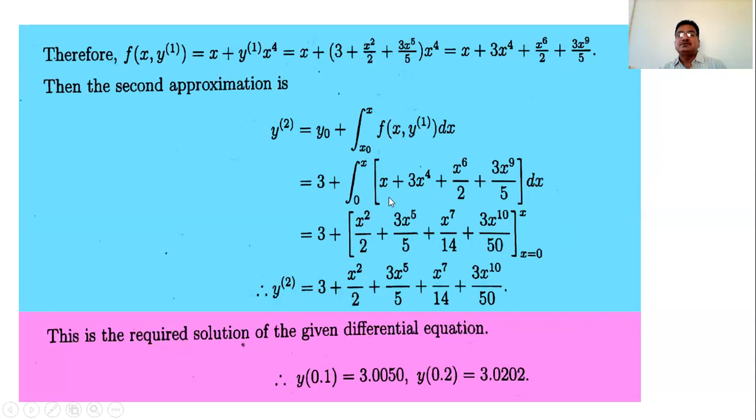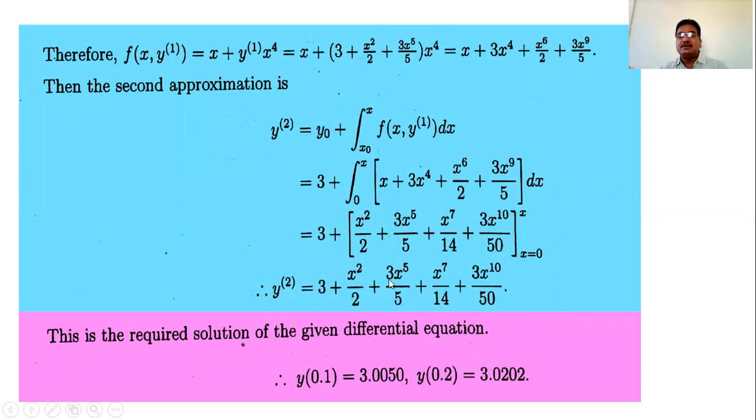Substitute here and integrate, find the value at the upper limit minus the value at the lower limit. Y0 is 3, and the value at 0 is 0, so this is the approximate answer of the given differential equation.